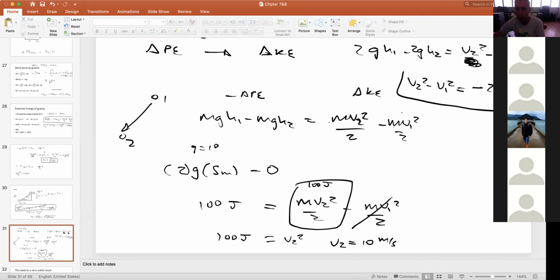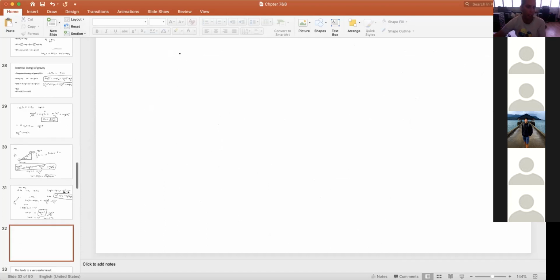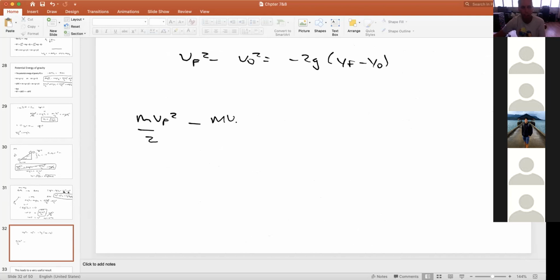This equation you already know though, right? It's v final squared minus v initial squared equals minus 2g times y final minus y initial. That was from projectile motion. Multiply through by m and divide through by 2, and I get mv final squared over 2 minus mv initial squared over 2 equals minus mg times y final minus y initial.